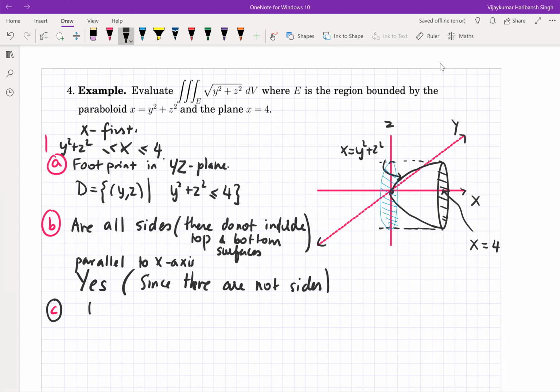The top and bottom are in YZ variables. So are the top and bottom in YZ variables, and the answer is yes again, right? The bottom is y squared plus z squared, and the top is 4, a constant.